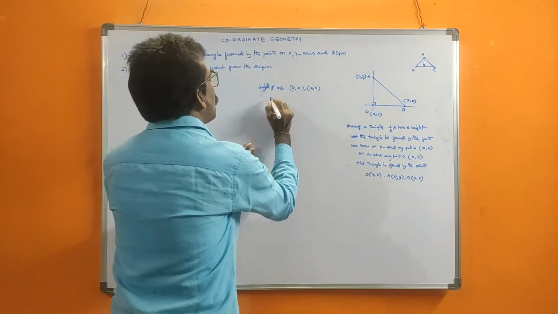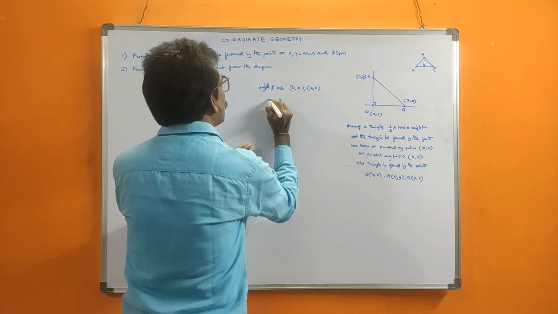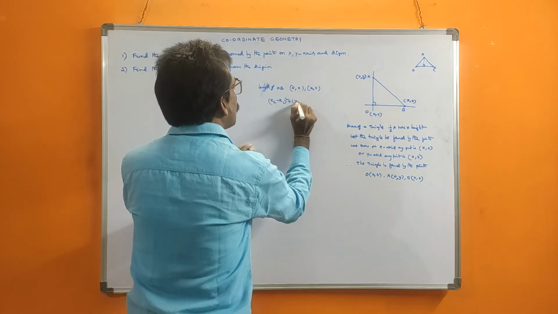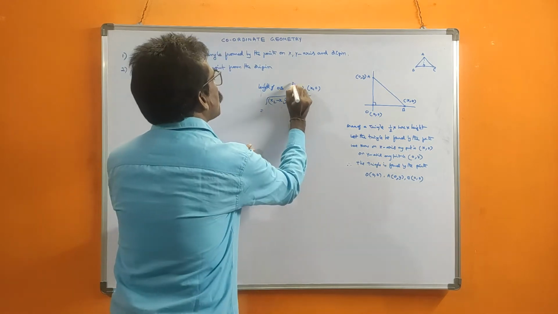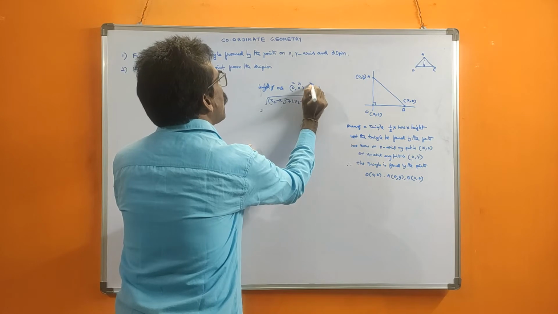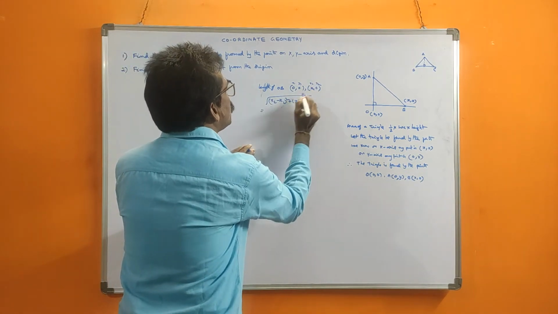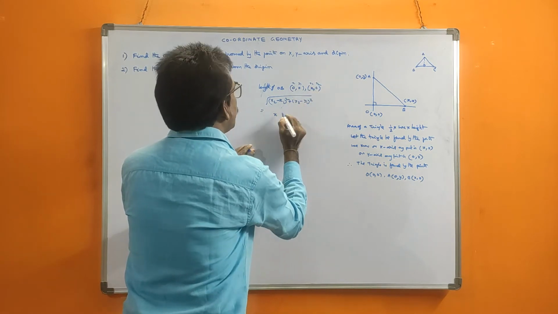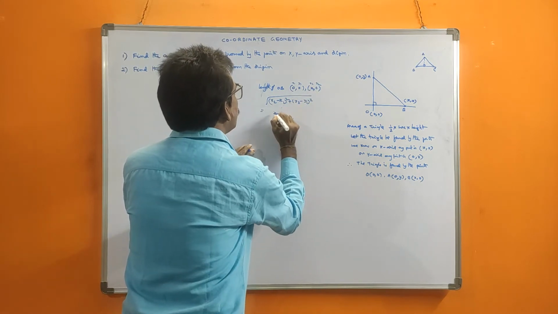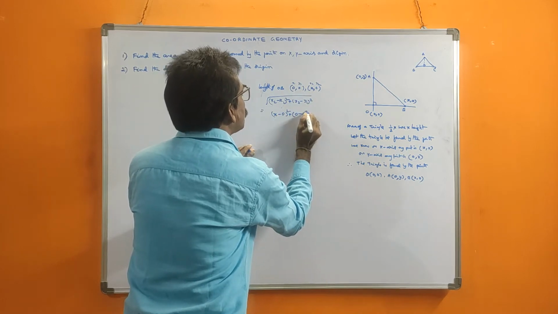So this length means the distance between 2 points formula: square root of (x2 minus x1) whole square plus (y2 minus y1) whole square. Here x1, y1, x2, y2. Now substitute the values. x2 is x, minus x1 which is 0, whole square, plus y2 is 0, y1 is also 0.